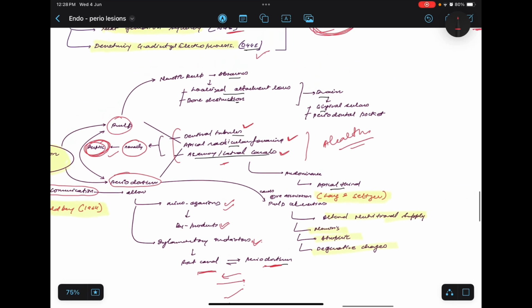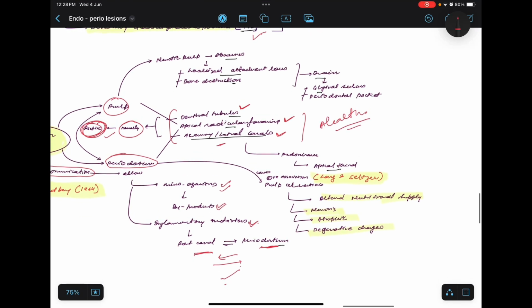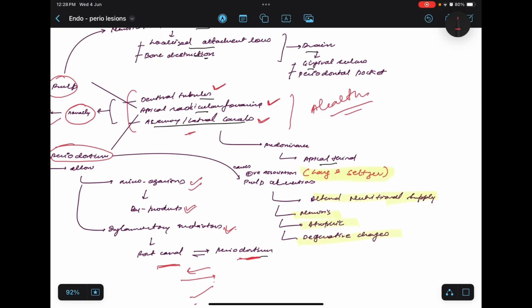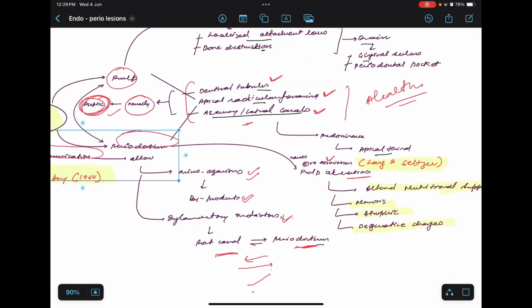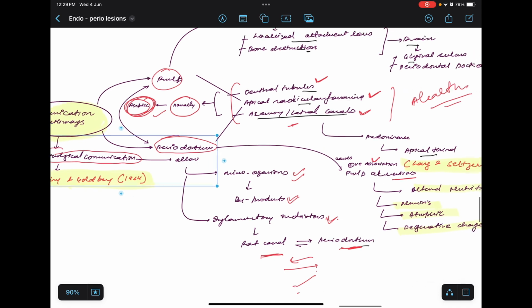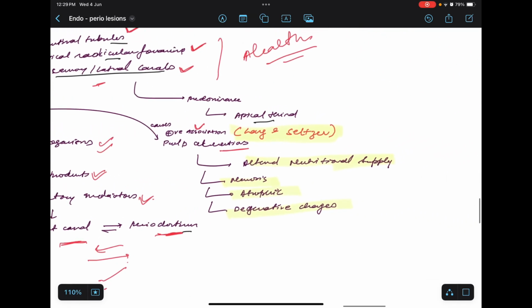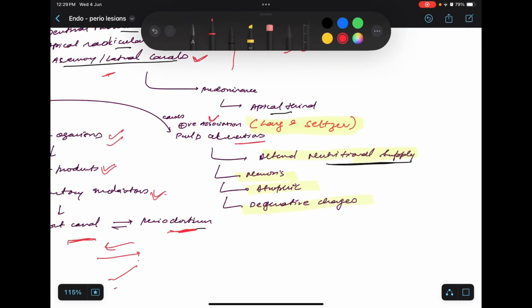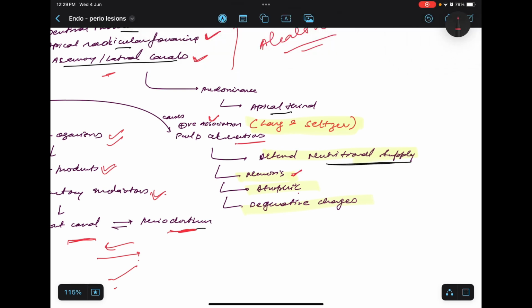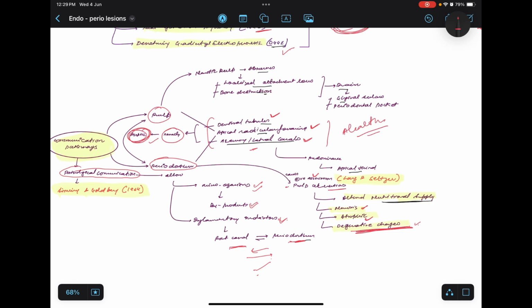Now the periodontium causes a positive association in pulp alterations. Whenever there is a periodontal lesion, it directly causes pulp alterations. How does it alter the pulp? It alters the nutritional supply of the pulp. It may also lead to necrosis, atrophic changes and degenerative changes. So we have to keep in mind the pulp alterations which are caused by the periodontium.